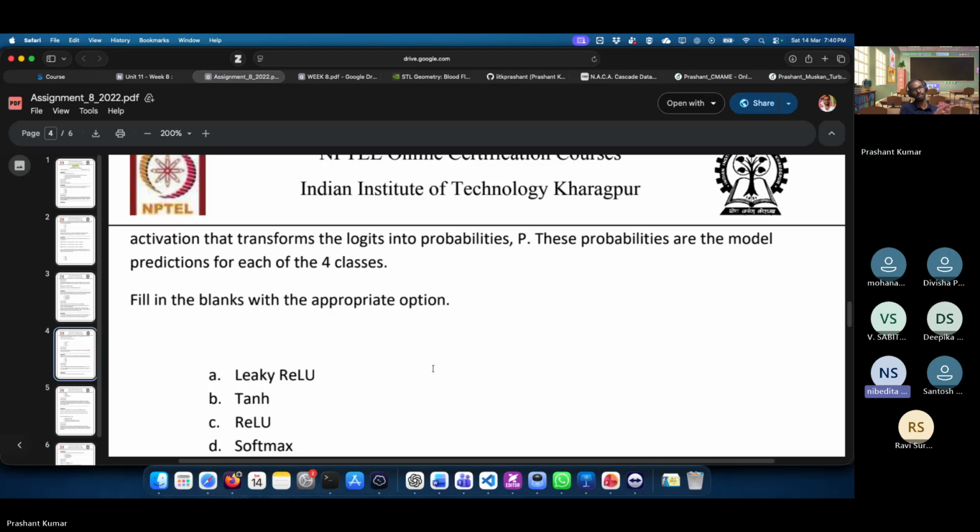When you have a negative value, you get a smaller value instead of 0. That is what Leaky ReLU is. It leaks small values instead of making them 0, so the formula is different.